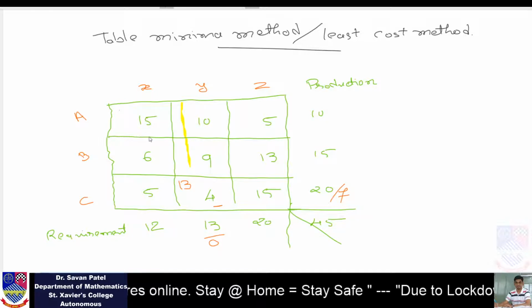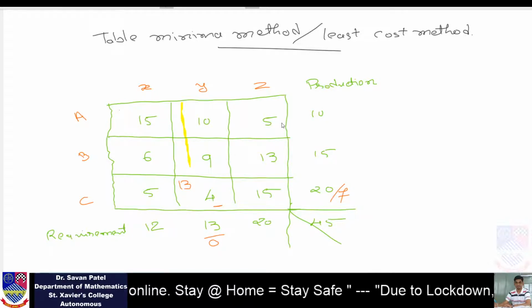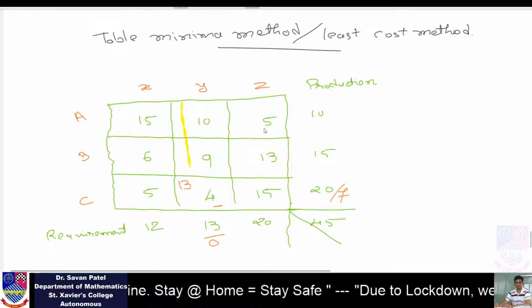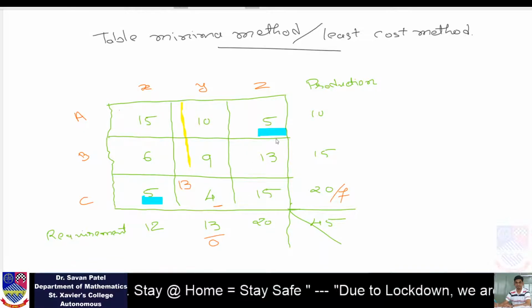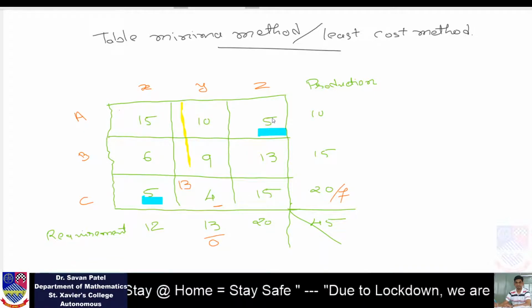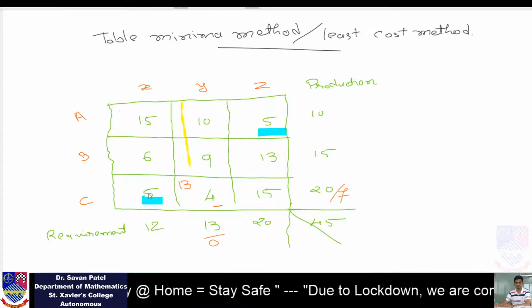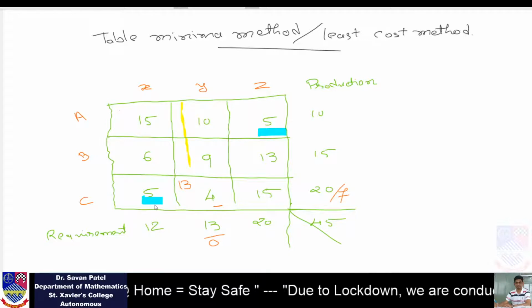Now the remaining table has this column and this column. Here we have two chances to select, either this pile or this pile. So it is better to go where the maximum allocation is possible. Here the maximum allocation possible is 7 because the minimum of 12 and 7 is 7.